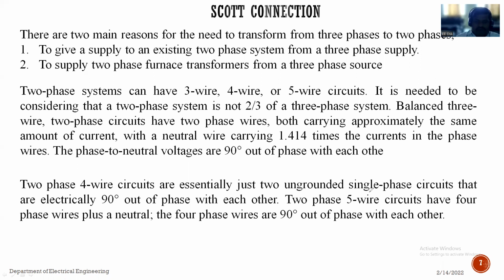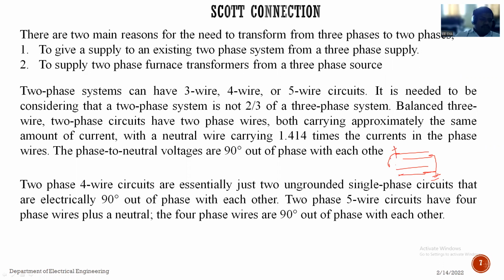Okay, see, 4 वायरची सिस्टीम आहे. Suppose the 4 वायर system is there: 1, 2, 3 and 4. In that, 2 ungrounded single phase circuits, याच्यामधल्या 2 ज्या वायर्स असतात त्या अनग्राउंडेड असतात and 2 wires are grounded. So this grounded wire is nothing but neutral wire, and these 2 wires are the phase wires.